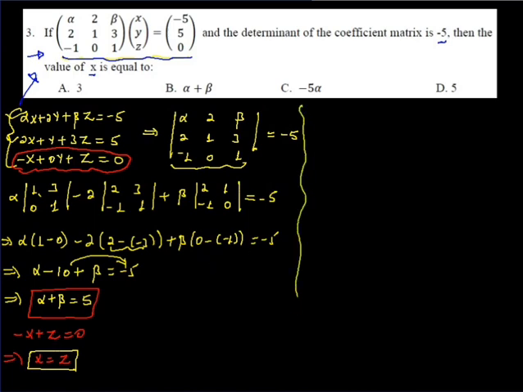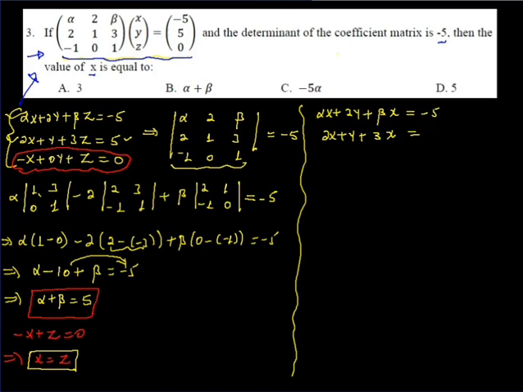So rewriting this system of equations, alpha x plus 2y plus beta z means beta x, because x and z are the same, is equal to minus 5. And the second equation becomes 2x plus y plus 3z means 3x, because x and z are the same. So this is 5.